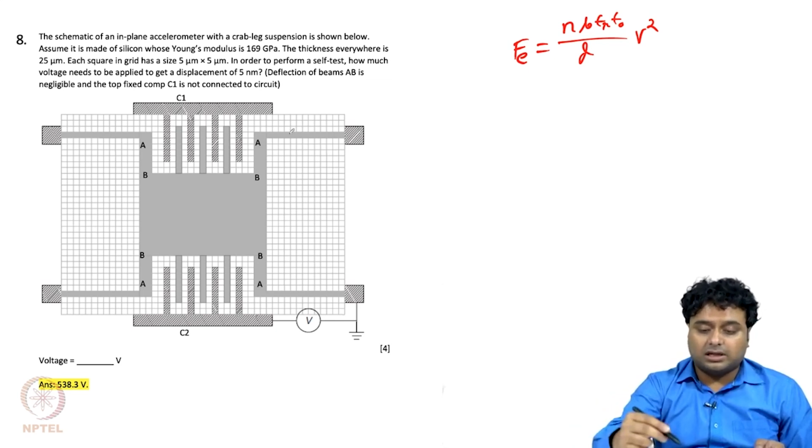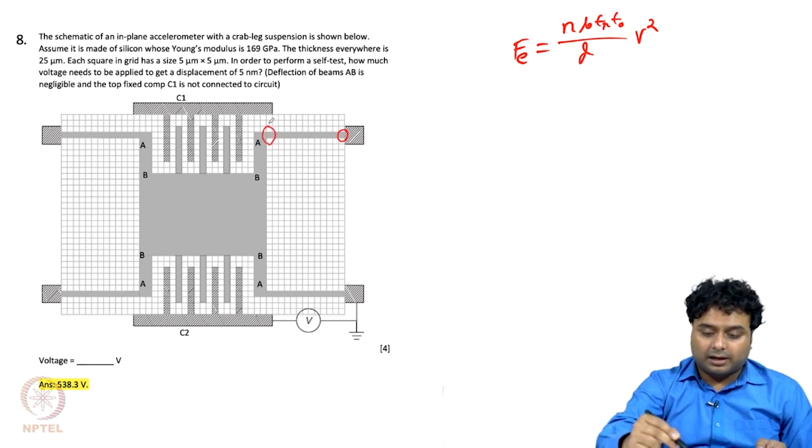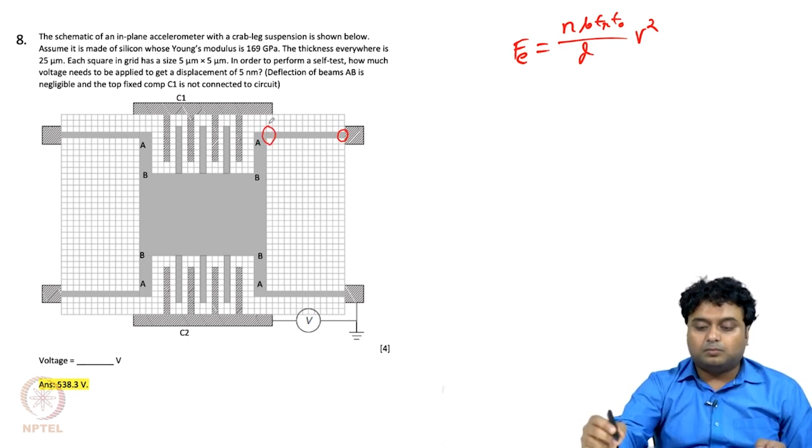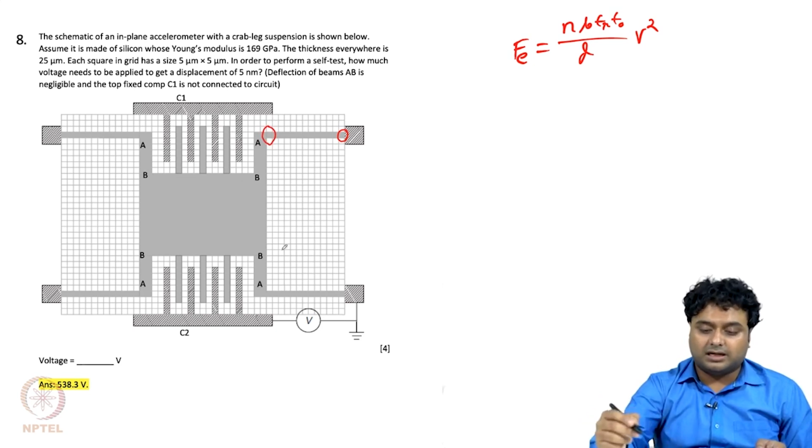For that, you see that this is connected like a crab leg arrangement, where we have 4 legs, and all of these legs are in guided beam kind of motion, because this region will not have any slope, and here also it cannot have any non-zero slope. So in both cases, all the beams are guided beams.